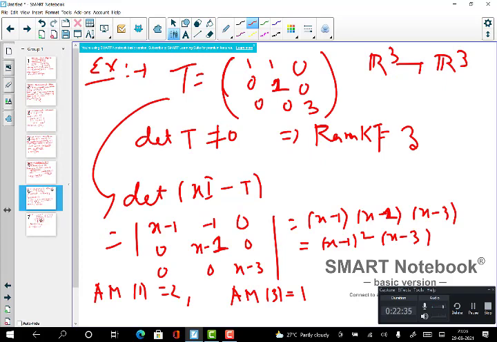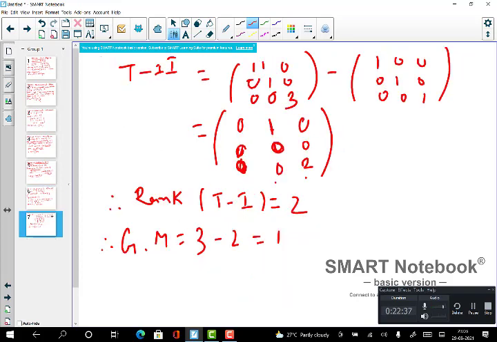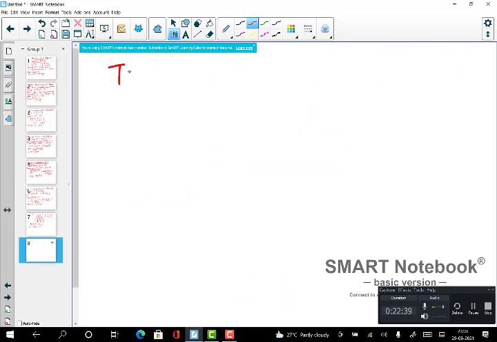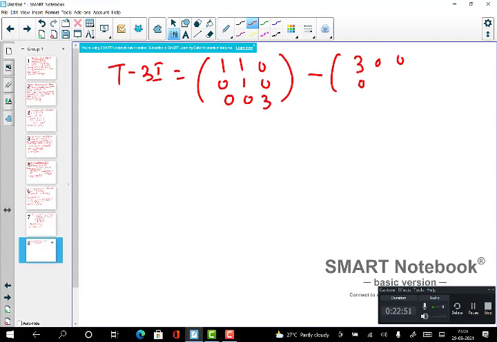Okay, and for 3, let us do it. So T minus 3I, what is that? That is 1 1 0, 0 1 0, 0 0 3 minus 3 0 0, 0 3 0, 0 0 3.